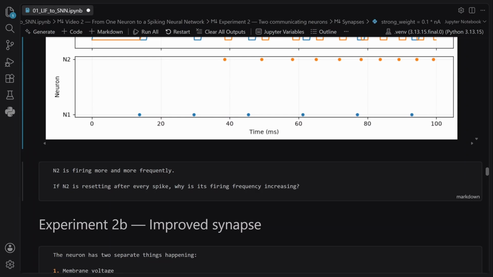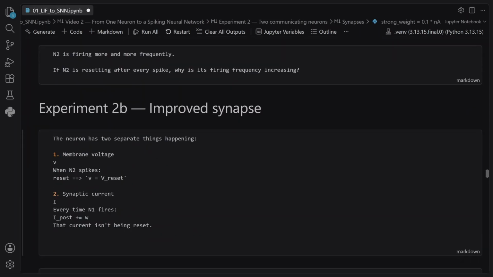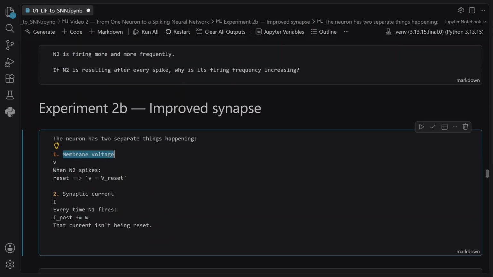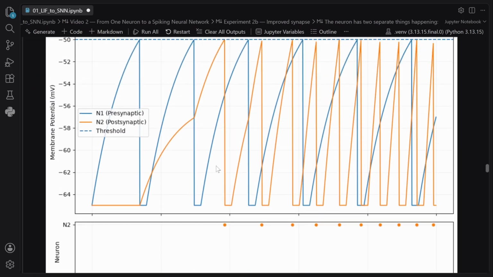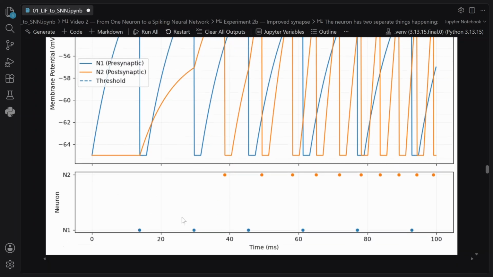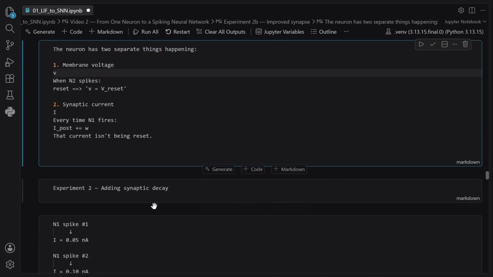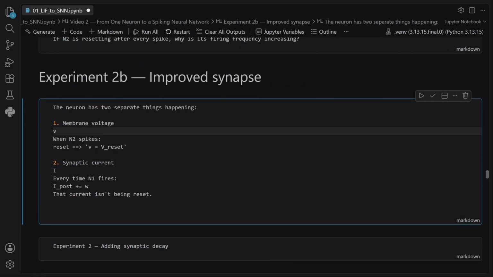So the problem is there are two separate things. We have membrane potential, and that is being reset. You can see it here. The moment it hits the spike, it goes back to resting potential. I think that is minus 65 millivolts. But the synaptic current, we're not changing that.